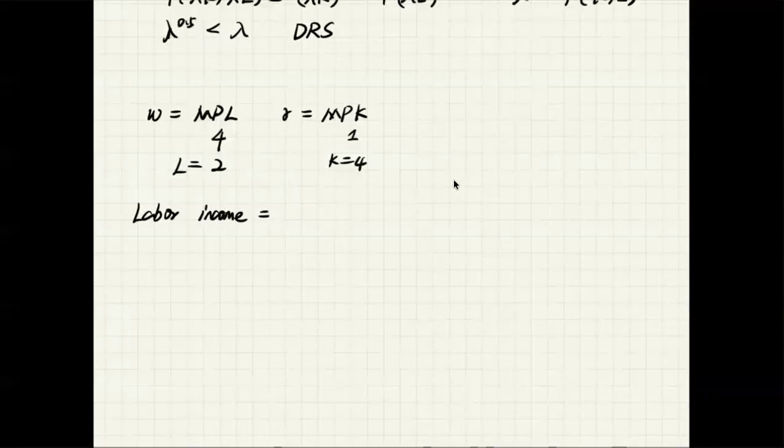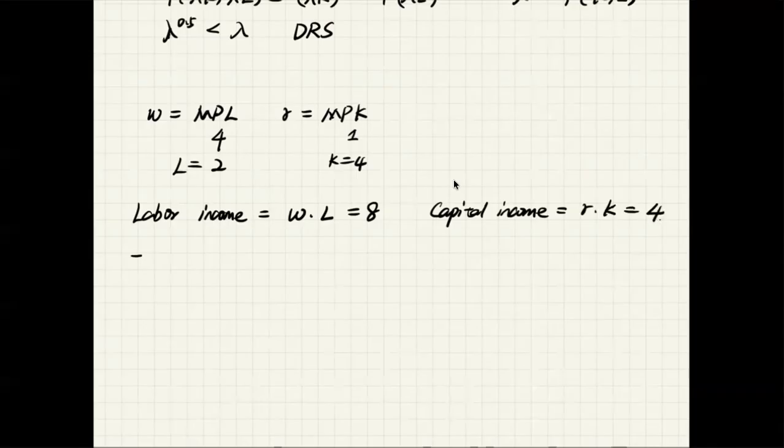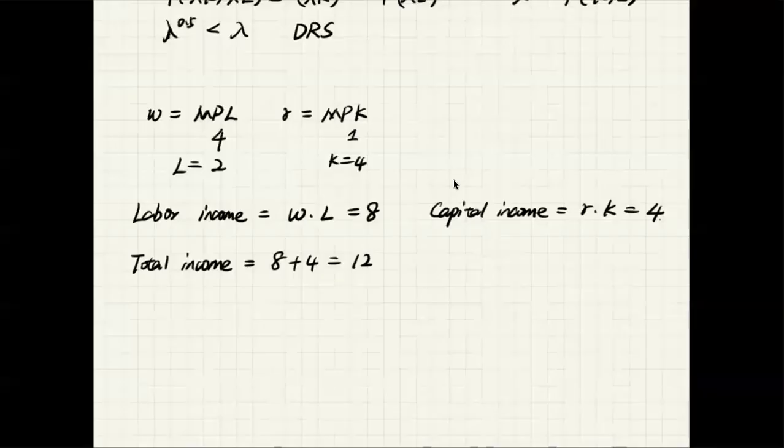It's just W times L equals 8. And same logic, the capital income equals R times K equals 4, right? And the total income would be the sum of the labor income and the capital income. So it would be 8 plus 4 equals 12.